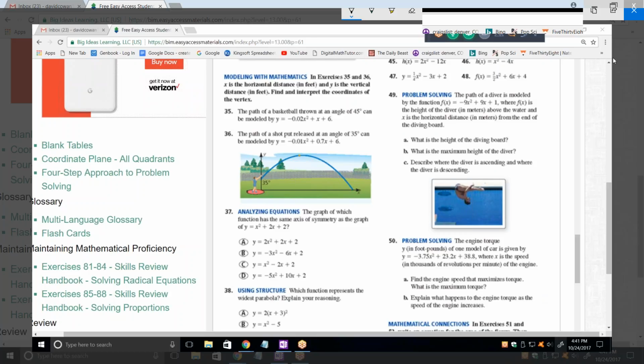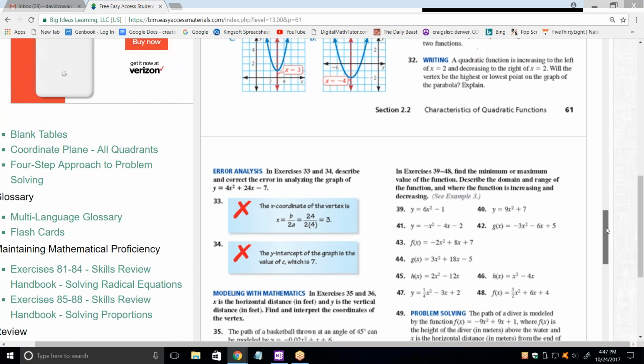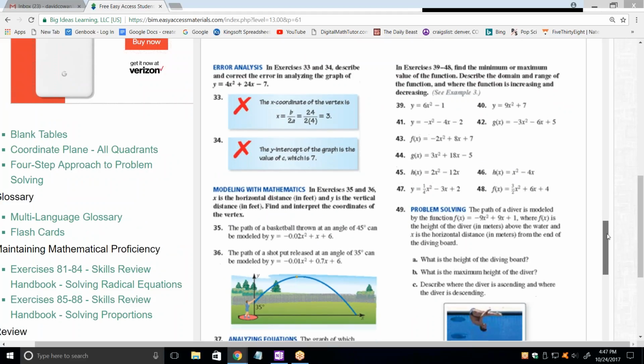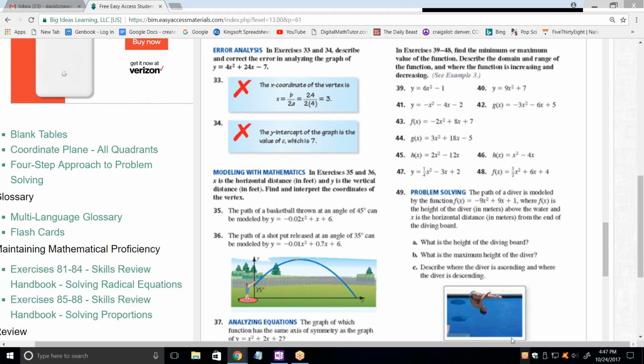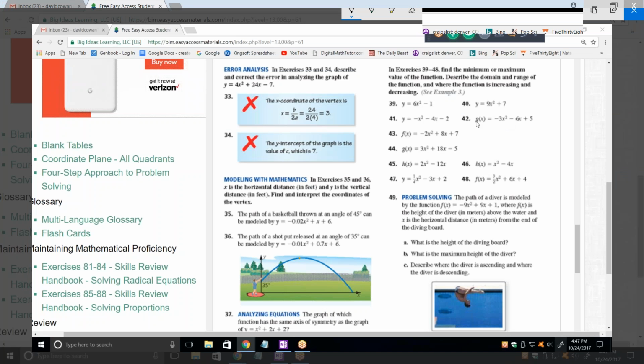Number 42. Again, it's a quadratic. They want to find the minimum or maximum value of the function. If I have a quadratic that looks like that, is it going to have a minimum or a maximum?